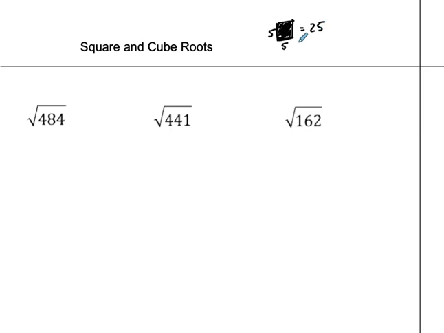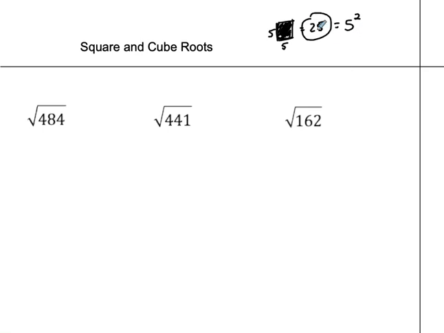So a perfect square is a number that's been multiplied. A perfect square is a number that has two factors that are the same, or it's a factor that's been squared. So 25 is 5 squared.